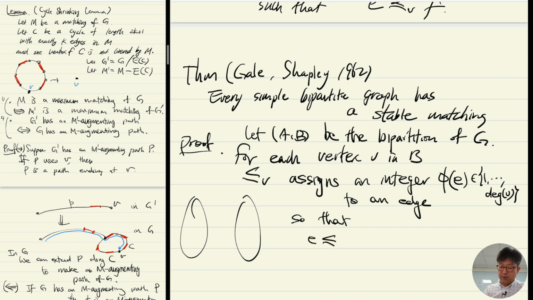So E is less preferred than F if and only if phi of E is less than phi of F. And let's give distinct integers.